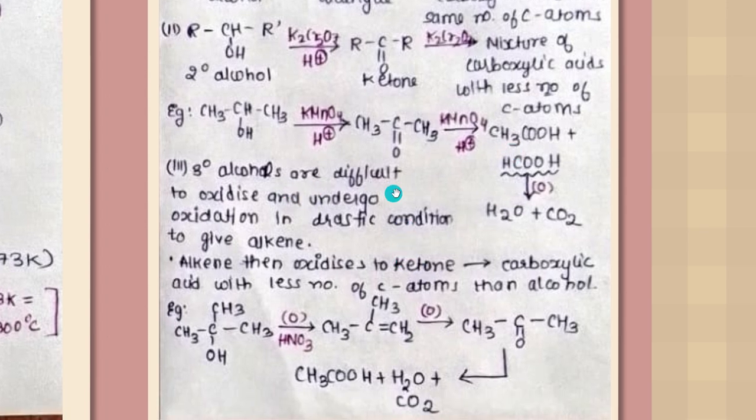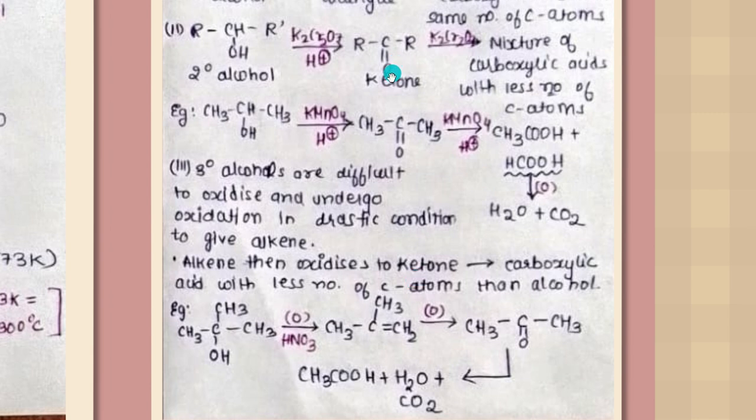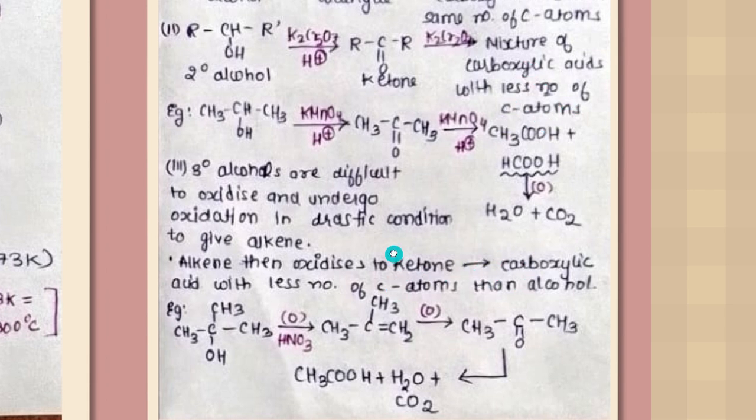Now what about tertiary alcohols? They are difficult to oxidize and undergo oxidation only in drastic conditions to give alkenes. Alkenes then oxidize to ketones, and these ketones again oxidize to carboxylic acids with fewer carbon atoms. Here is an example.